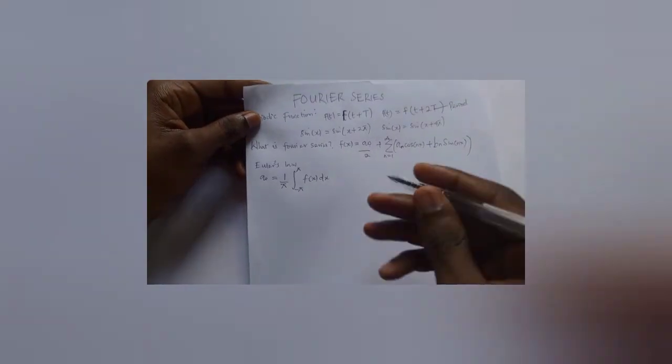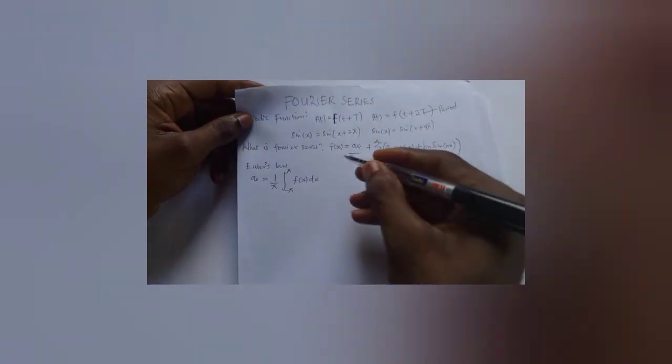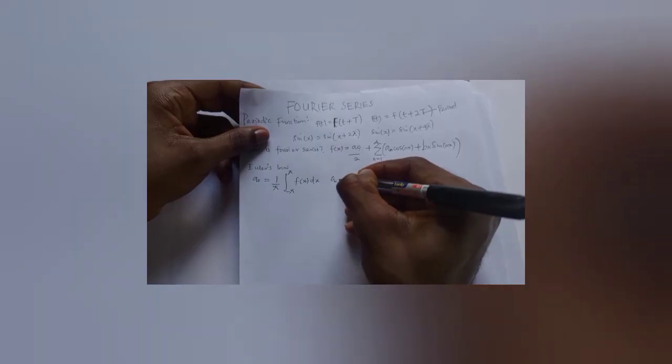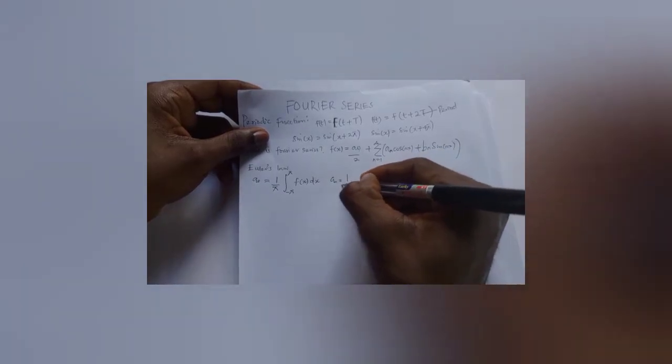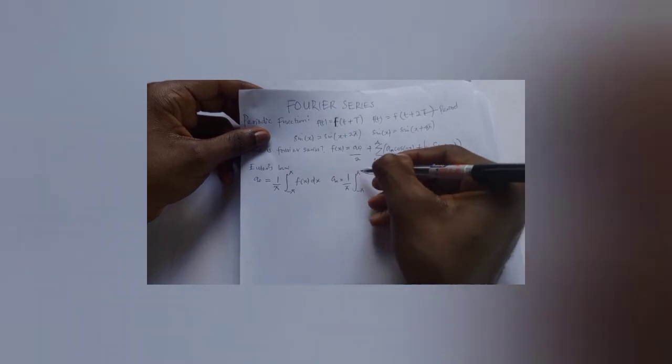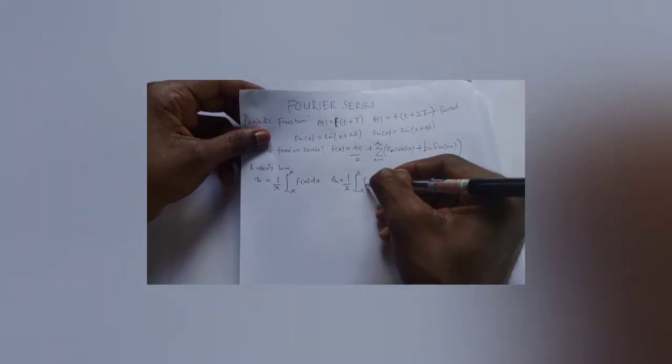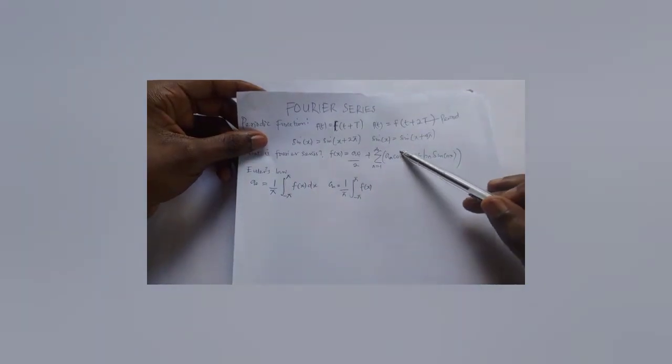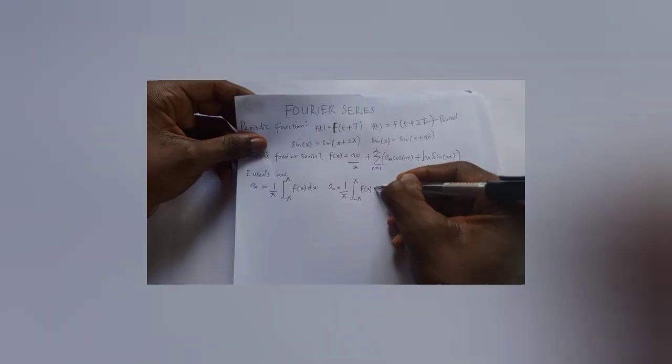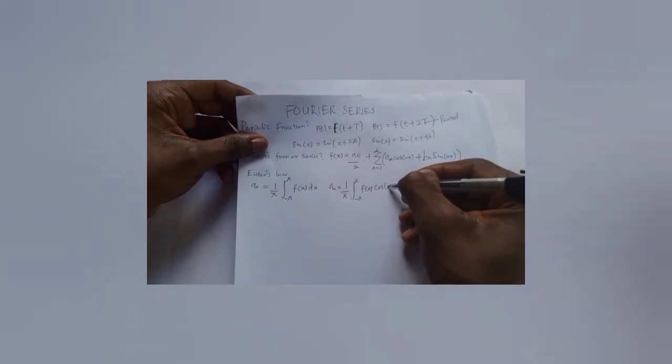Then an is equal to 1 over pi, the integral from minus pi to pi of f of x, but remember that an is attached to the cosine of nx, which means f of x cos nx dx.